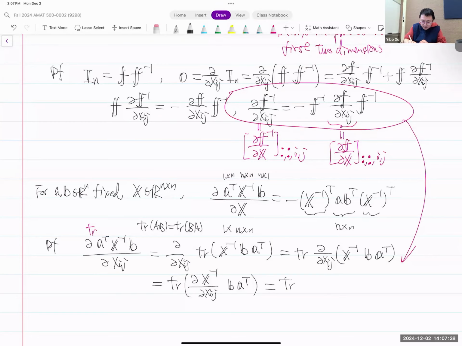I have the trace of, so let me see. I have negative, so little f is X, right? X inverse del X del Xij, X inverse, and now B A transpose.